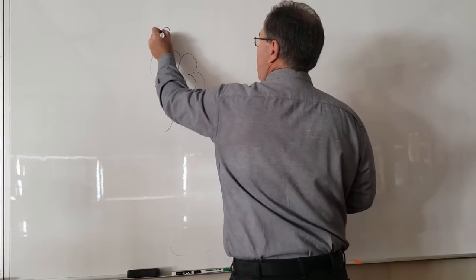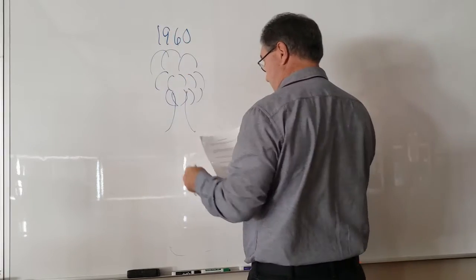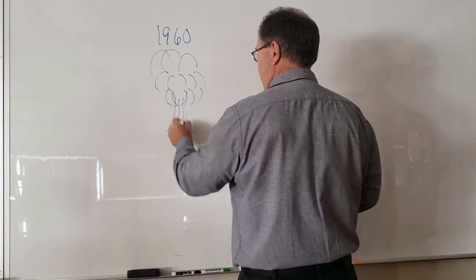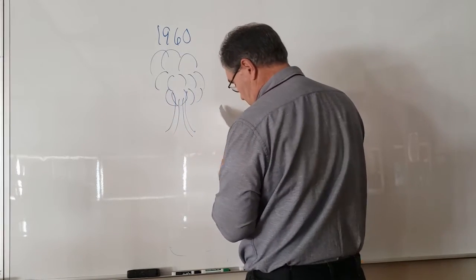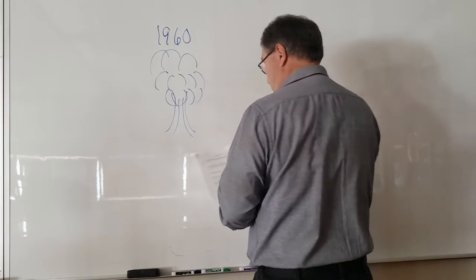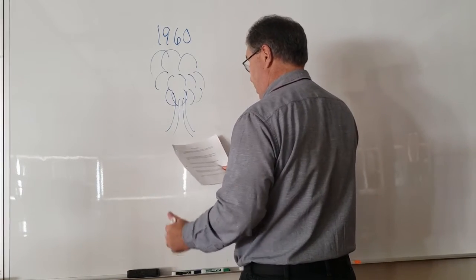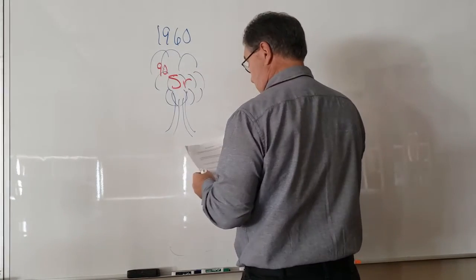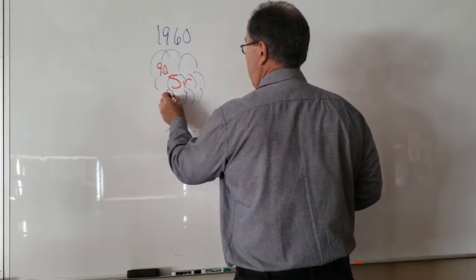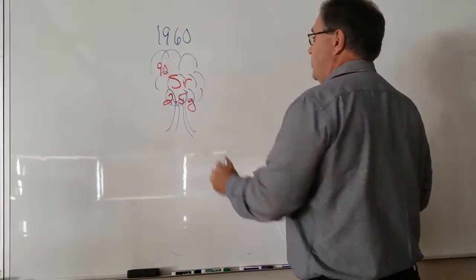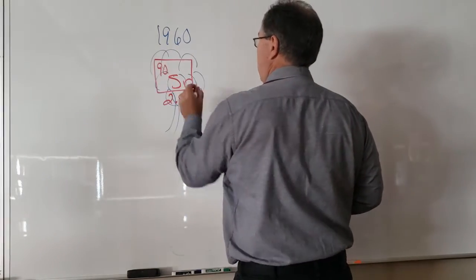All right, this happened in 1960. And within this explosion, we formed a radioactive isotope of strontium 90. And we know that we have 2.5 grams of strontium 90.